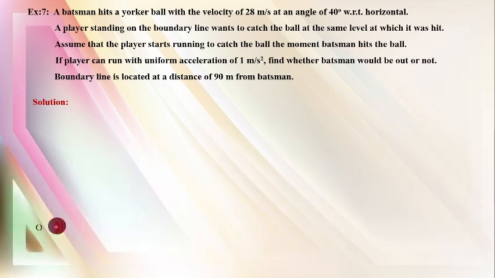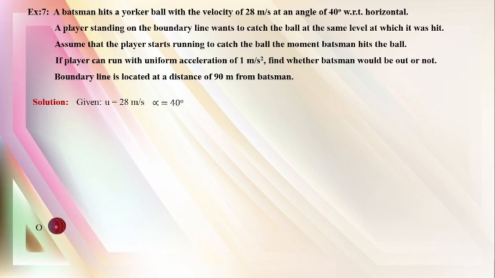So here is the ball which will be hit by the batsman, and it will be moving a certain distance, and it is going to trace the path of a trajectory. Let us see how it is going to happen. What is given? The initial velocity of the ball with which it has been hit, and the angle with which the ball is going to get projected.